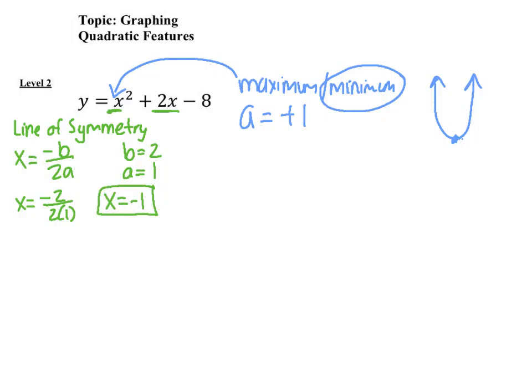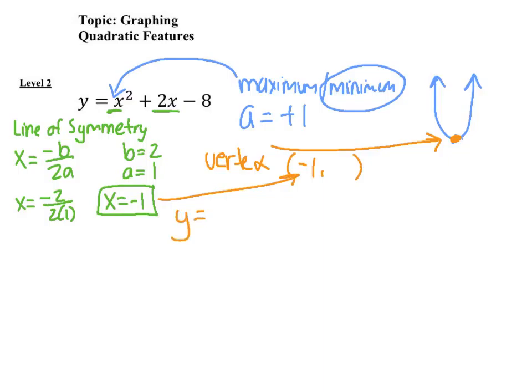The last feature that we're going to find is called the vertex. The vertex is this point right here. It's going to be the highest or lowest point. We need to find the ordered pair of that. Now I already know my x value, and that's -1. To find the y value, I'm going to use the equation that I have up there and plug in my x's.